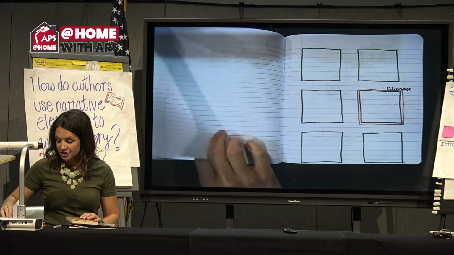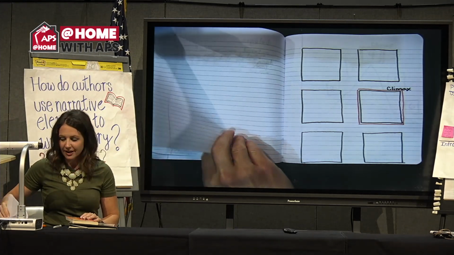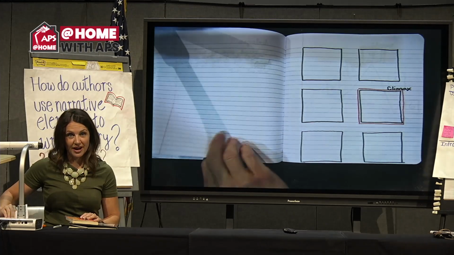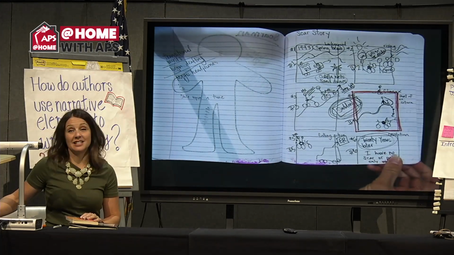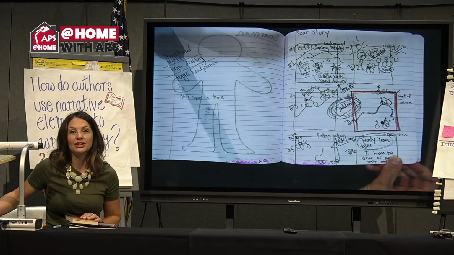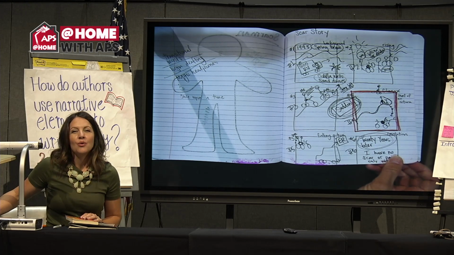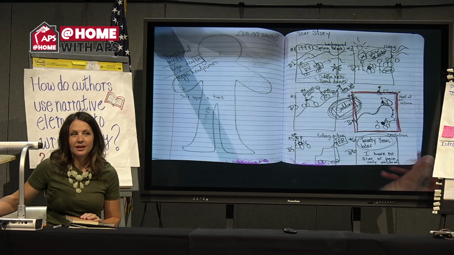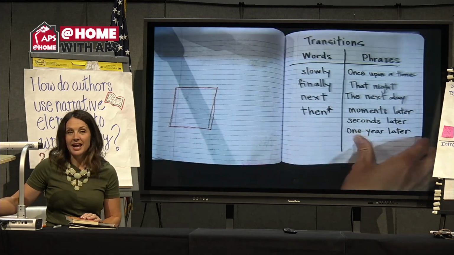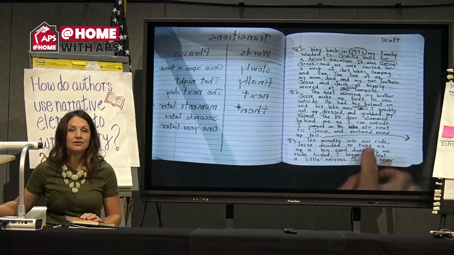When I wrote my SCAR story last week, that was a real story, a personal narrative. This is what my organizer ended up looking like. When I put all of this work into my organizer, it helped me create pages of story.